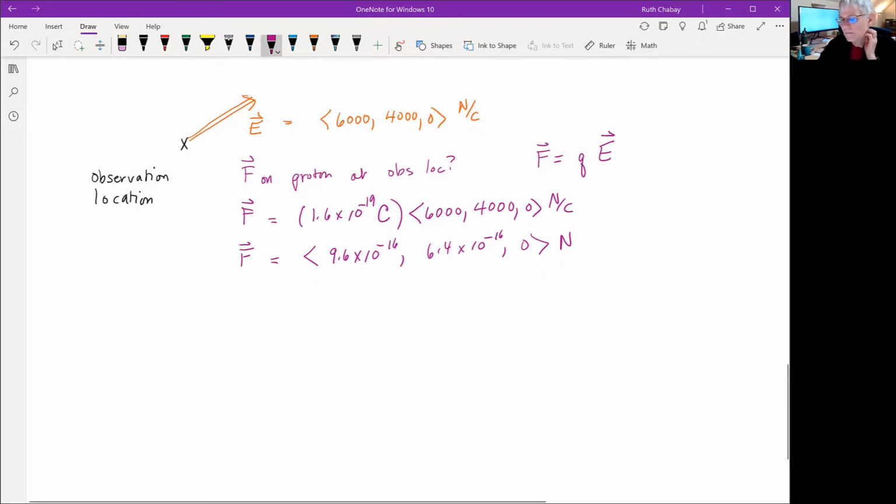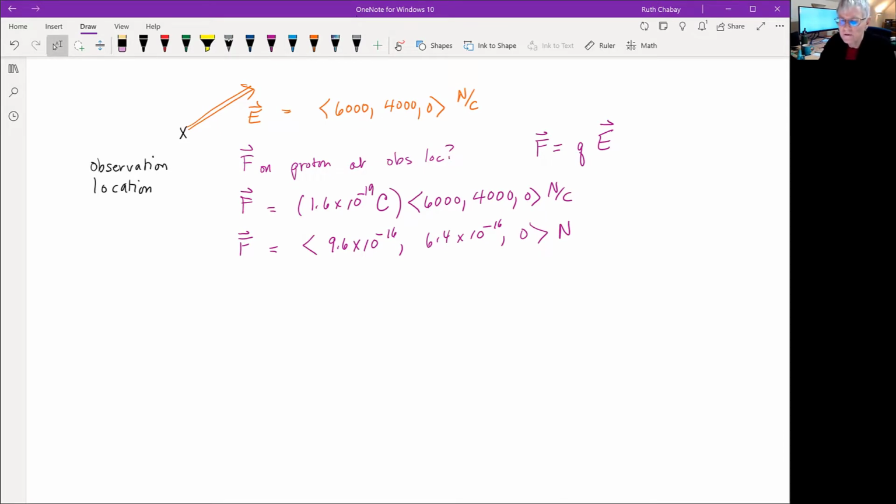But what if we put something different there? So suppose we put a little teeny plastic sphere that had a charge of -6 microcoulomb. So micro is 10 to the minus 6, right?